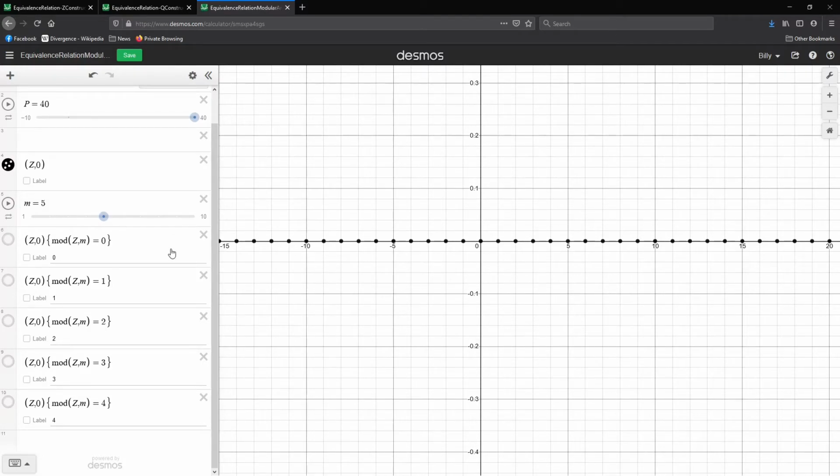And what we're going to do is look at everything that's equivalent to 0 under this equivalence relation, and we'll choose m equals 5 here, and that's all these blue points right here. 0 is congruent to 5, 5 is congruent to 5 mod 5, 10 is congruent to 5 mod 5, 15 is congruent to 5 mod 5.